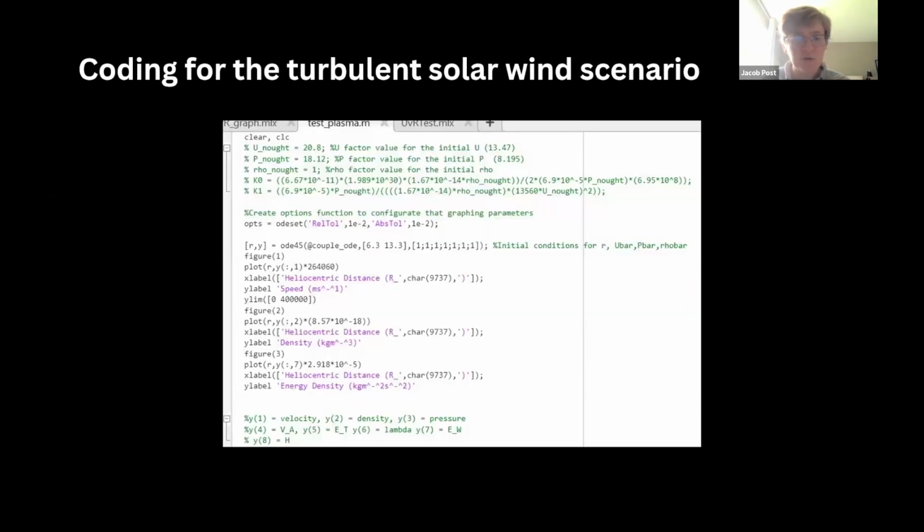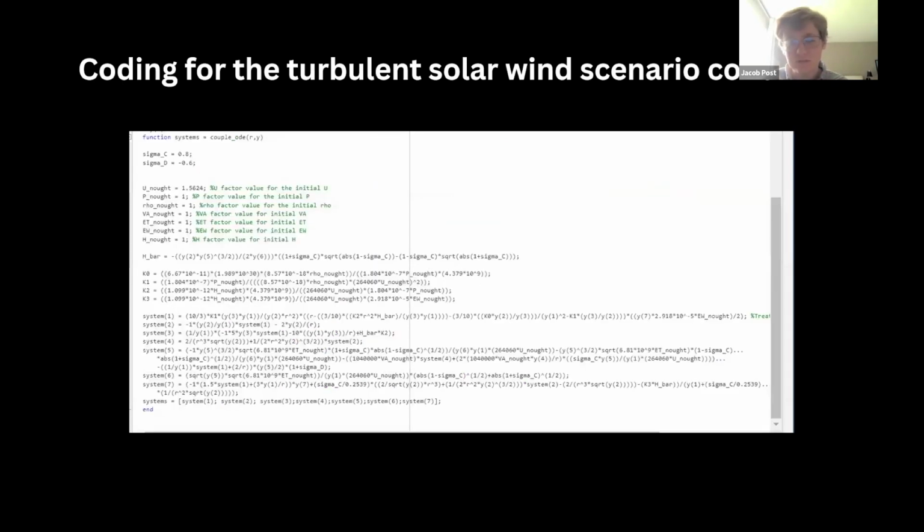So using these equations, I was able to write a new code. And what this new code did was similar to the last one. It essentially took two boundary conditions for the heliocentric distance, and it took a function that I've written, which is here, and it treated all the equations mentioned before, both the fundamental equations and the important equations, as a system of ordinary differential equations.